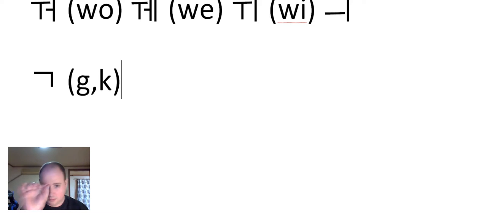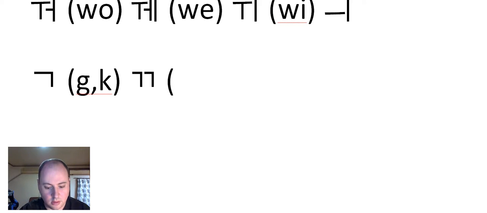So this ㄱ is a g or a k sound. It's a very, very soft g, k. They kind of blur together. But if you have a character that looks like this, where it's that same character sort of jammed together, you get a much harsher k sound.